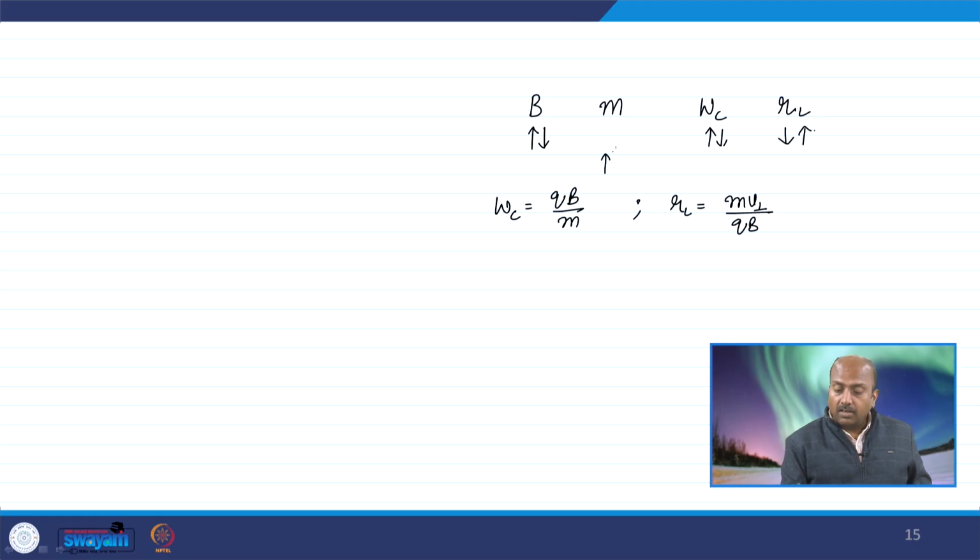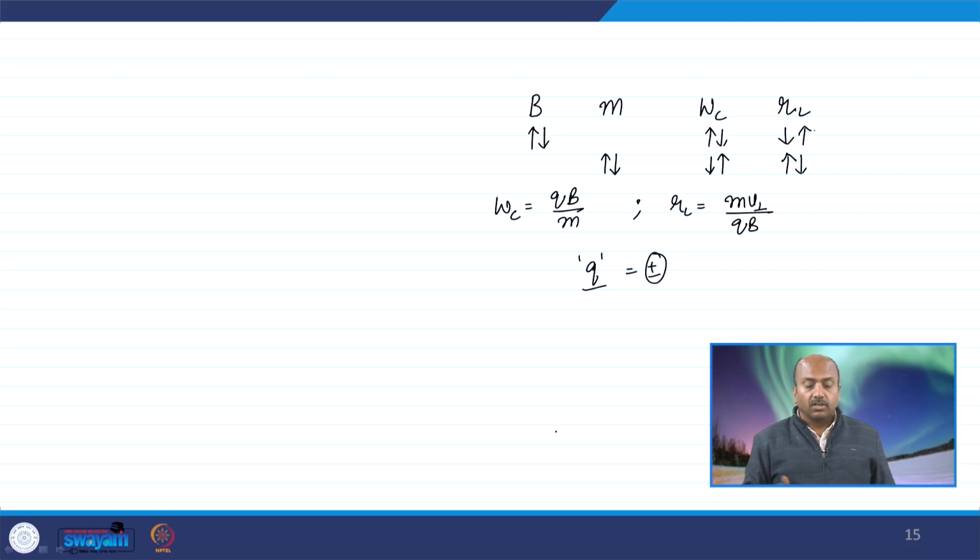If the mass is large, that is for ions, omega c will be small and the radius of gyration would be large, and if the mass is small, for electrons, the frequency will be higher and the radius would be smaller. And because of the charge being positive or negative, the sense of rotation for electron and ion will be exactly opposite to each other. Right?